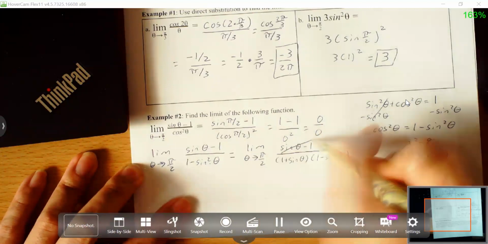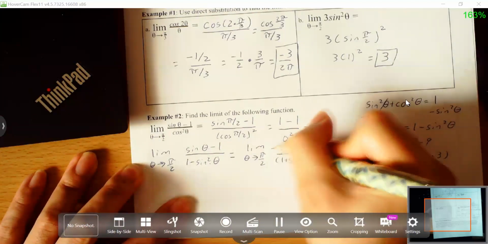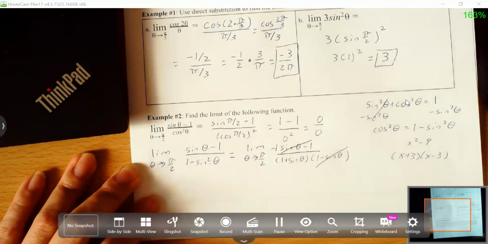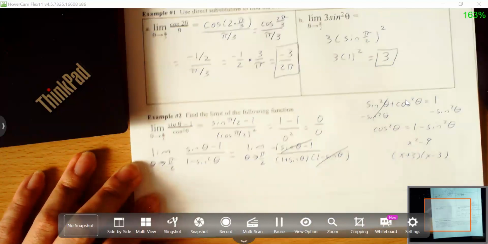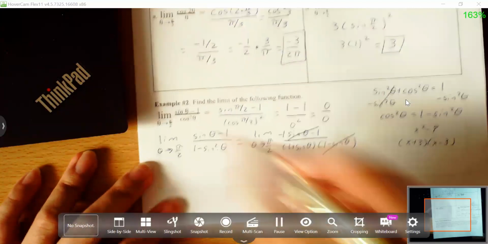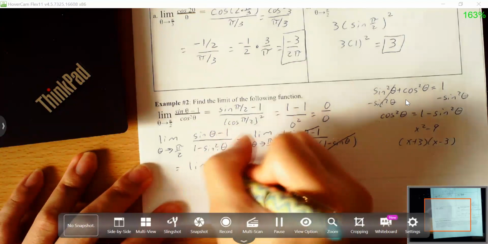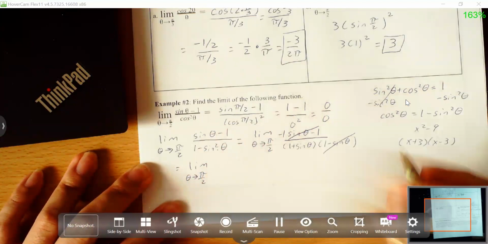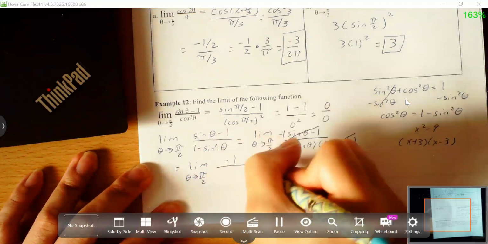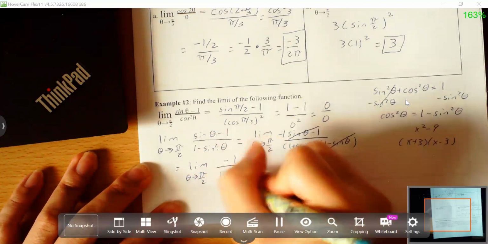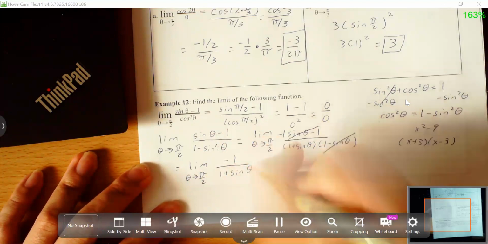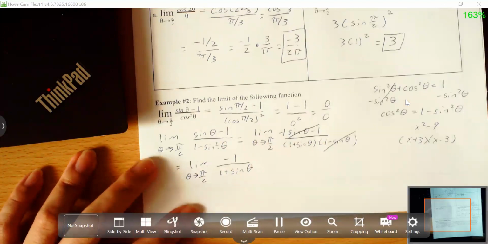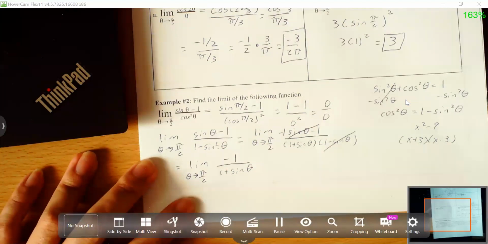So if you cancel these, you have to make sure you put a -1 right here because one is sine theta minus 1 and the other is 1 minus sine theta. So this will become the limit as theta approaches pi over 2 of -1 over 1 plus sine theta, and then now you can substitute it in.